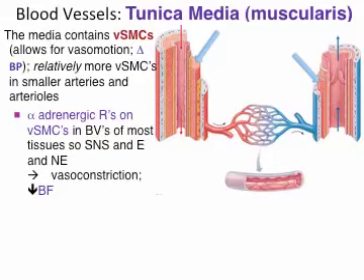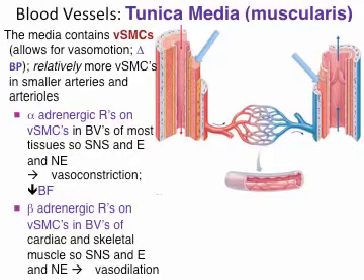If, however, you're in a sympathetic nervous system situation, epinephrine and norepinephrine are looking to find receptors. If epinephrine finds a beta-adrenergic receptor on vascular smooth muscle, that vascular smooth muscle would most likely be in the coronary vessels serving the heart and the blood vessels serving the skeletal muscle.